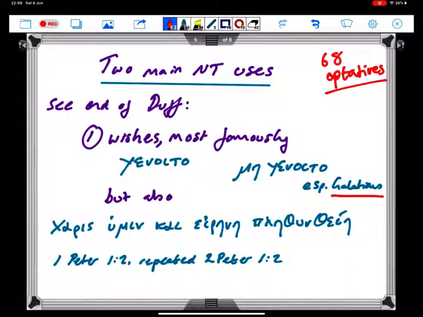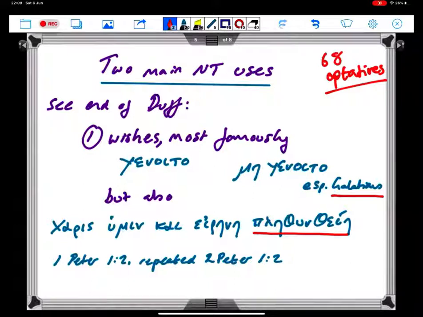You also get more interesting uses of it like that. At the opening of 1 Peter, in the salutation, you get charis humin kai eirene plethunthei: may grace and peace be fulfilled for you. That's a very beautiful example because it's unnecessary in the salutation.